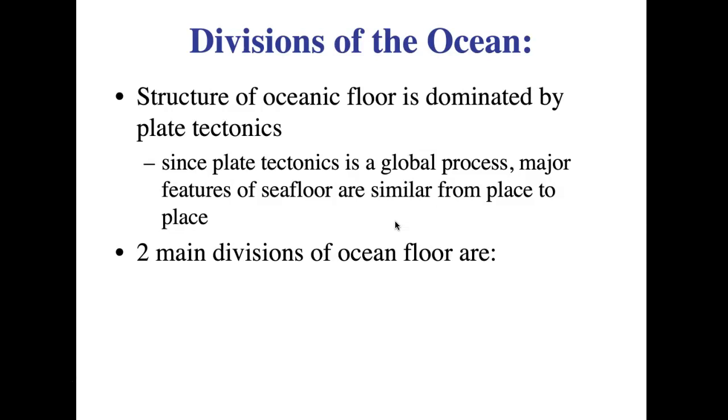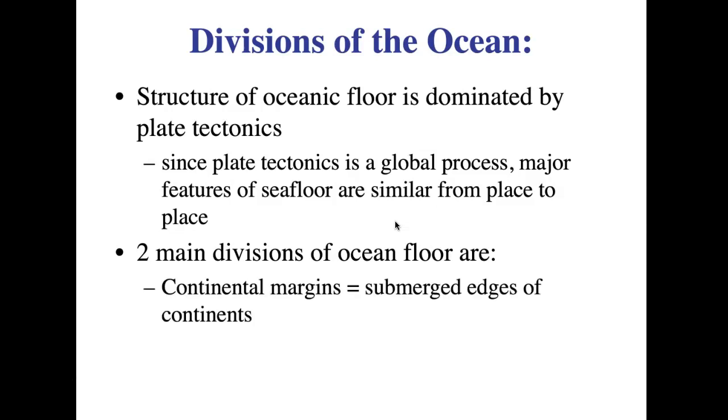So we actually divide the ocean floor up into these two major divisions. And that is that we have the continental margins, which are literally just the ocean floor that's submerged as part of the edge of the continent. So these edges of the continents that are submerged underwater. And then we have the deep sea floor, which is going to be our abyssal plains.